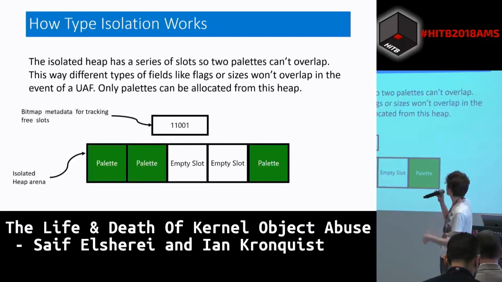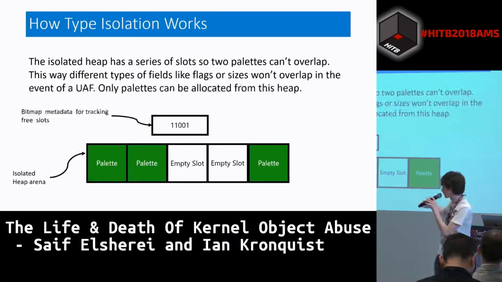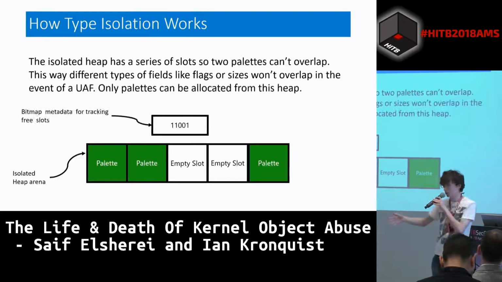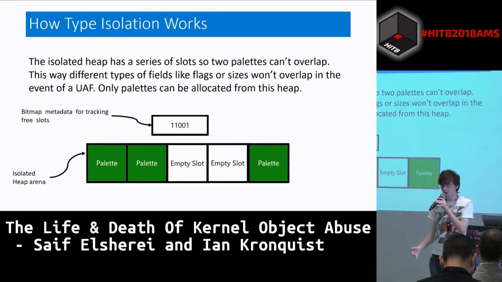And you've got a 1 if the slot in the heap is being used by a palette, or a 0 if the slot in the heap isn't being used right now. And we also make sure, this is important, that every empty slot is zeroed once a free happens. So that way there are no old dangling pointers sitting around in that old stale object.